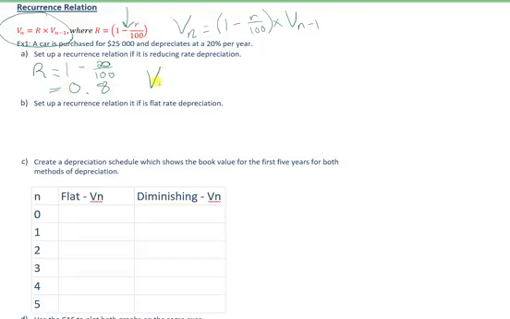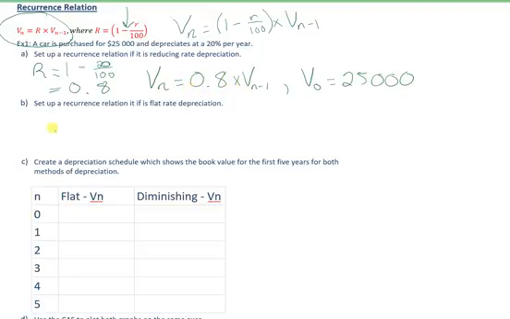That means my Vn is 0.8 times Vn minus 1. Of course, we're going to be complete because it's a recurrence relation, and say where it starts, at 25,000. So if I'm decreasing by 20% each year, to go from one row to the next, I'm going to be multiplying by 0.8.